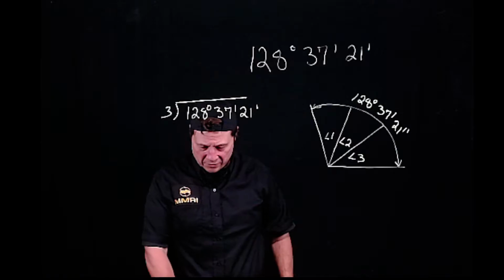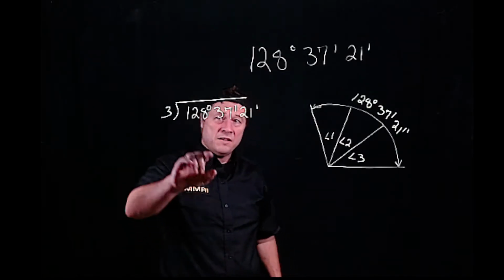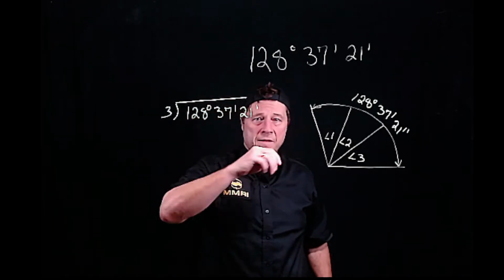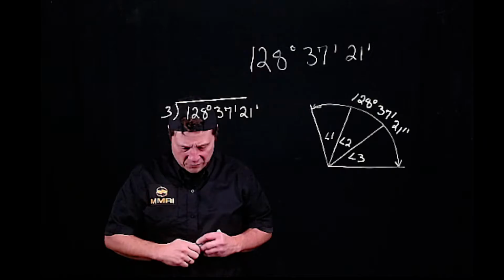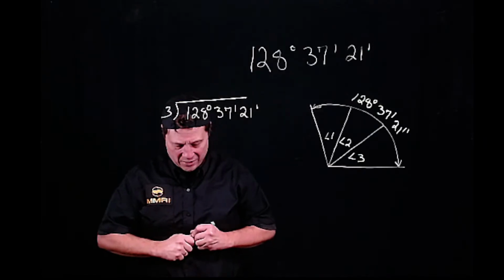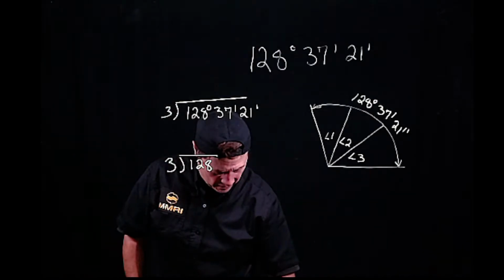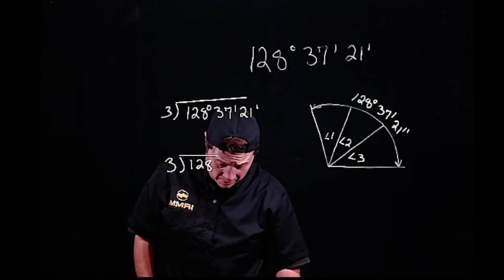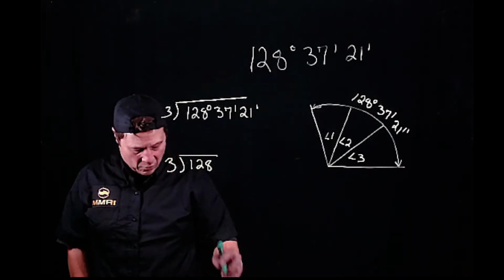Well, the first thing we've got to do, guys, is remember, just like we did multiplication, each of these is its own unit. So we want to divide each one of these by itself. I'm going to start with the 128 degrees. 128 divided by 3 is 42 point 6667.